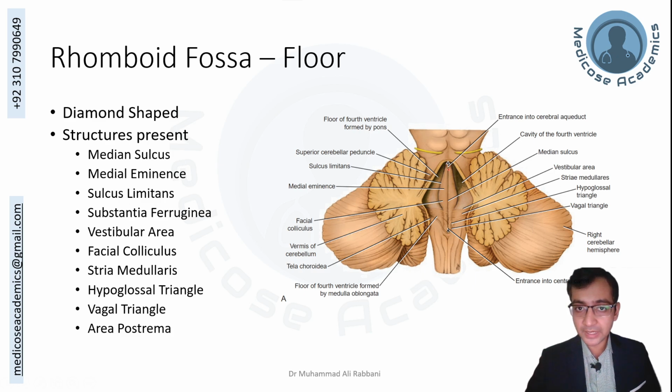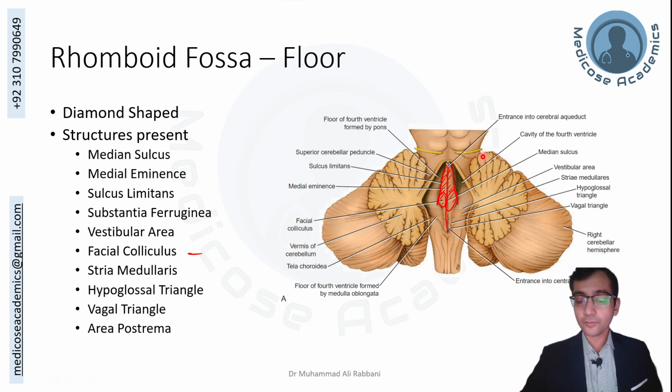Starting from the midline, this is the median sulcus, and the raised area on either side of the median sulcus is the median eminence. The median eminence is expanded on its lower aspect, and this part is called the facial colliculus. This median eminence is bounded laterally by the sulcus limitans.